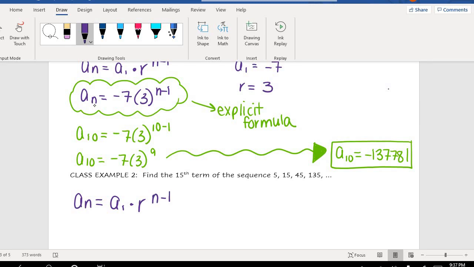So it's going to be in this form, which is given. Now we need to come up with two things, a sub 1 and the value of r. Taking a look at this sequence, a sub 1 is 5, and every time I'm multiplying by 3. So that's my common ratio.